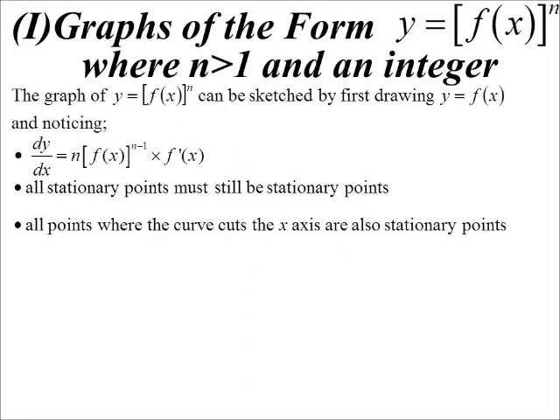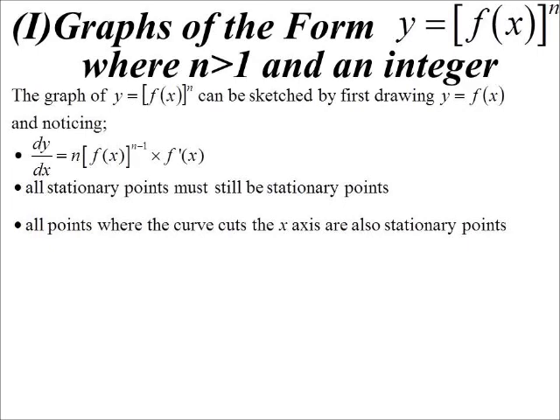But also, have a look at the derivative again. Function x is inside the parentheses, or the brackets. So that means anywhere there was originally an x-intercept, it must become a stationary point. Because on the original graph, function x was equal to 0. It was an x-intercept. But our derivative of our new graph is times function x to the power of something.